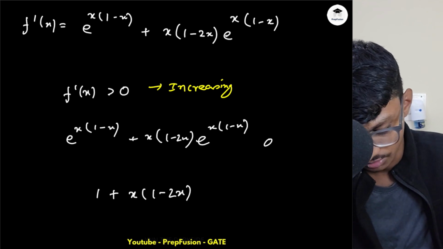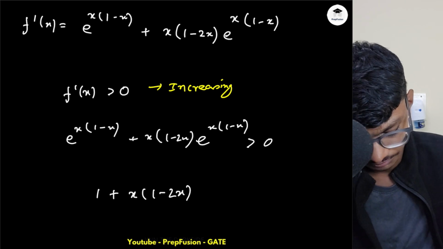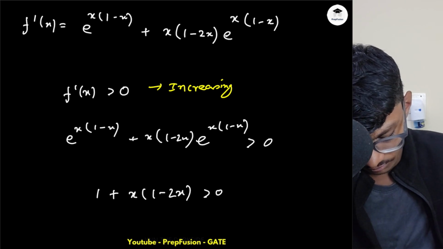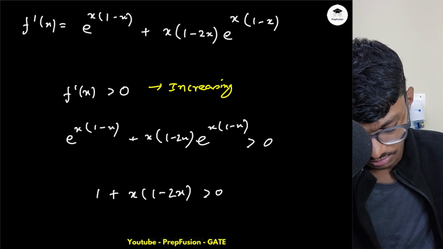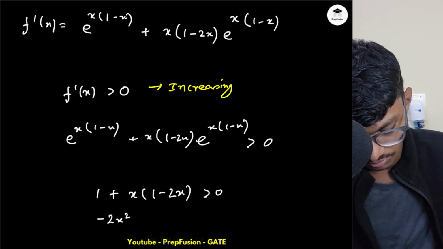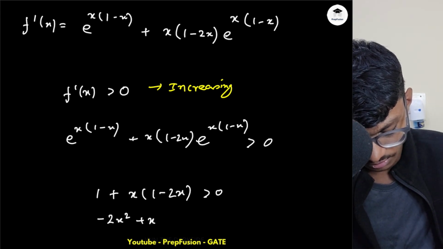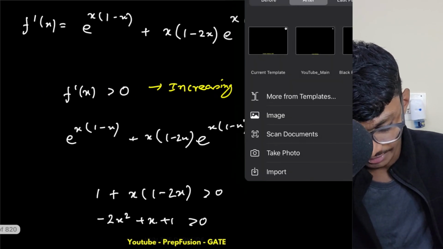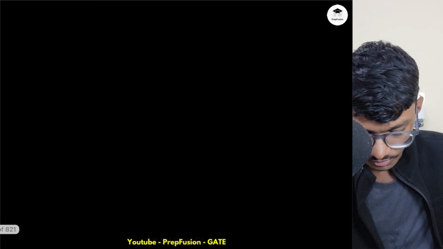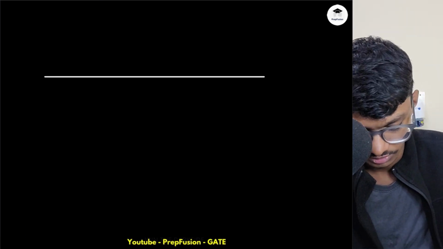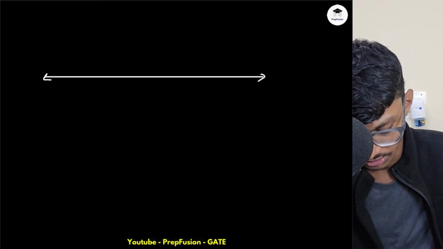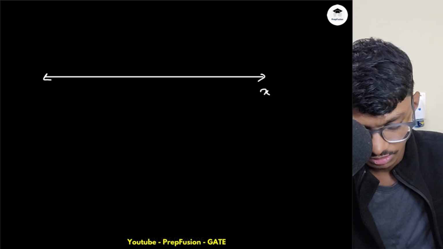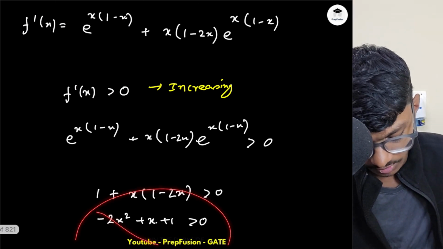This has to be greater than 0. This becomes minus 2x square plus x plus 1 has to be greater than 0. Now the interesting fact is, if I find out the roots of this and if I use the wavy curve method, then I will be able to plot this, right?